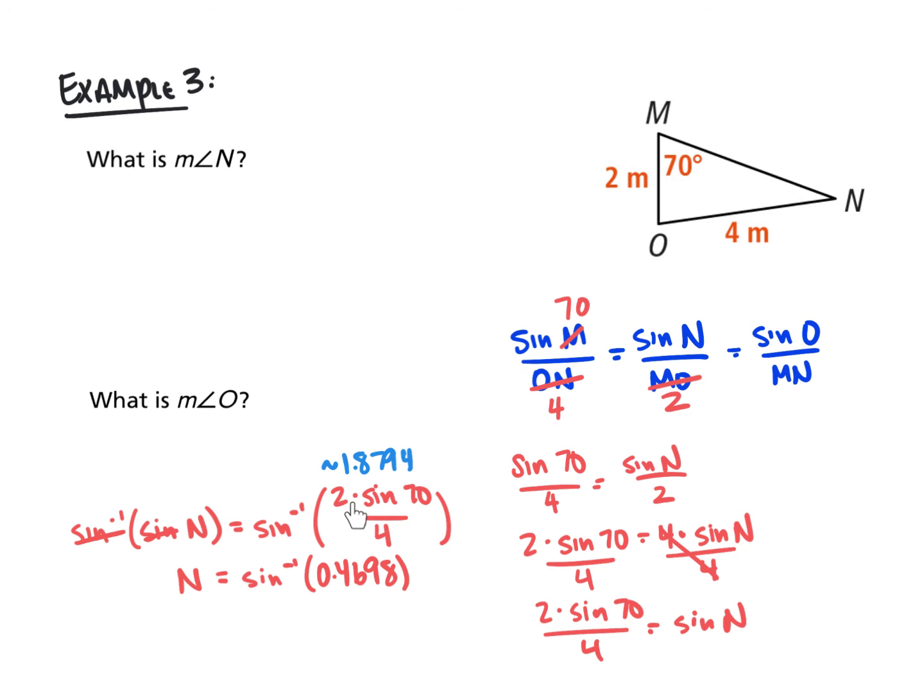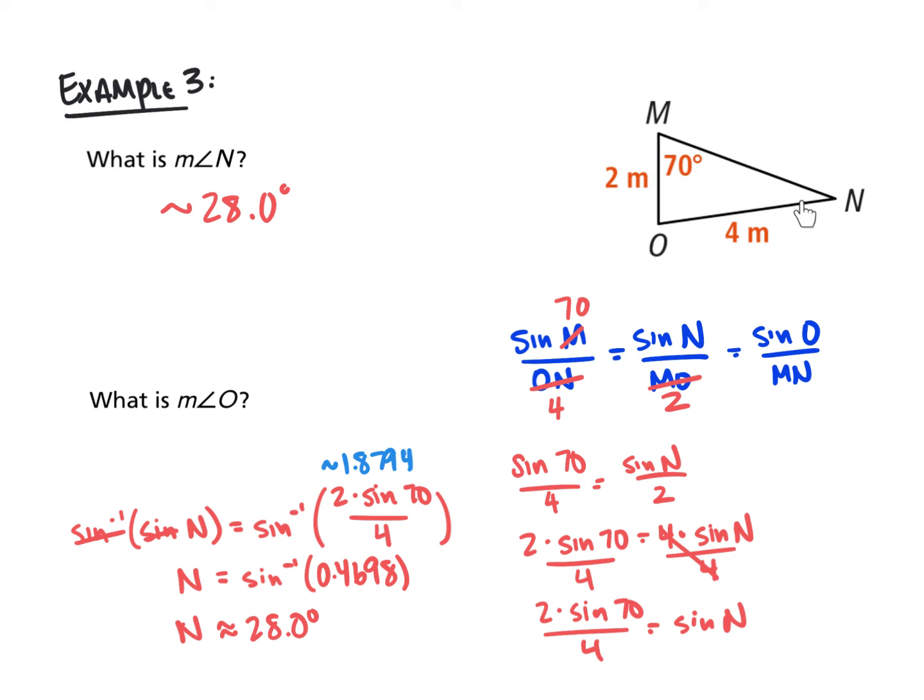That's what I got when I did 2 times sine 70, which was this, and then I divided it by 4 to give me this. I'm now going to take the sine inverse of that amount. So second sine on my calculator of this 0.4698 value gives me a measure for N of about 28.0 degrees. So the measure of angle N is about 28.0 degrees.